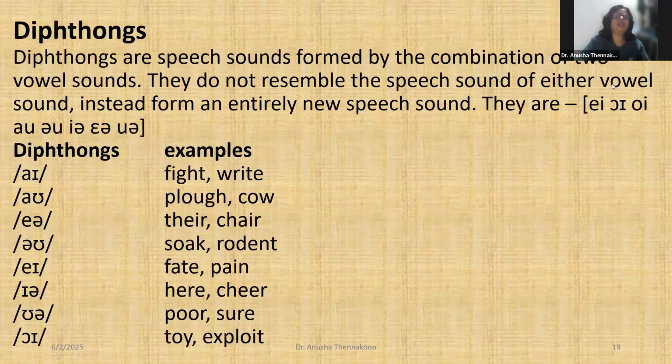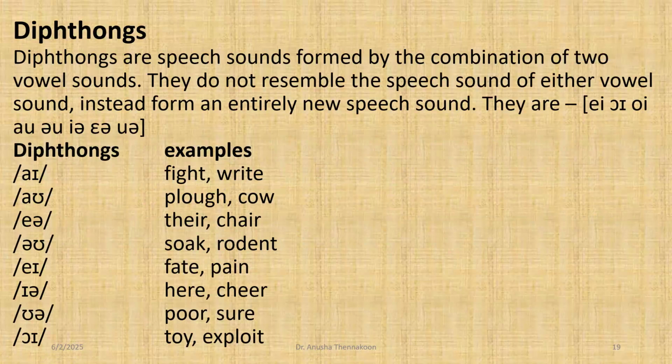And diphthongs. Pure vowels have a single sound. Diphthongs have a combination of two vowel sounds. That is the easy way you can remember. Combination of two vowel sounds.